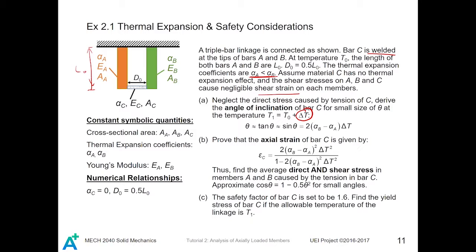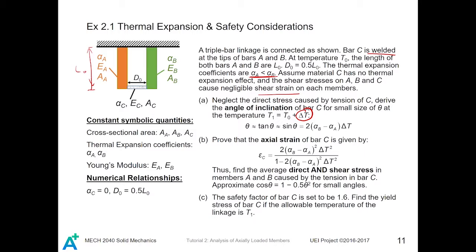Besides, you have to prove the axial strain of bar C in relation to the thermal expansion coefficients and the temperature. The axial strain of bar C, which you are going to prove, equals 2 (alpha B minus alpha A) squared times delta T squared divided by 1 minus the numerator.